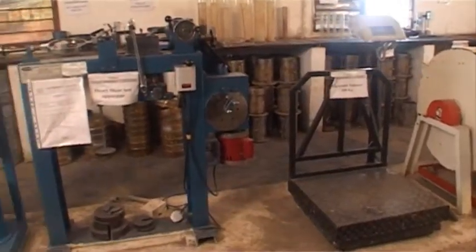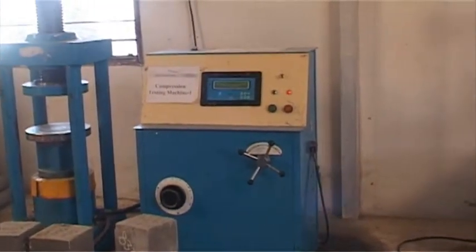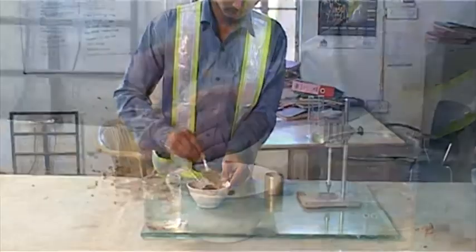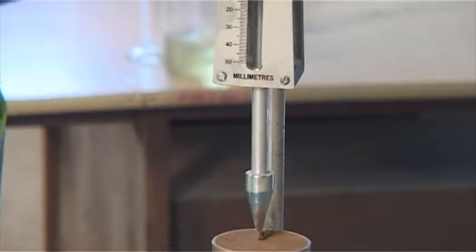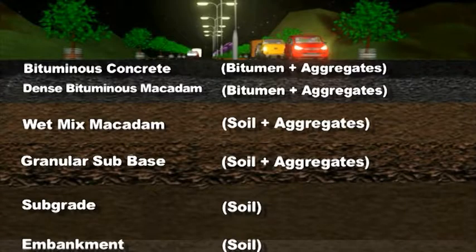Field laboratories are equipped with adequate equipment and personnel in order to carry out all required tests and quality control work as per specifications. Categorizing the various tests for each layer under the head of different raw materials.